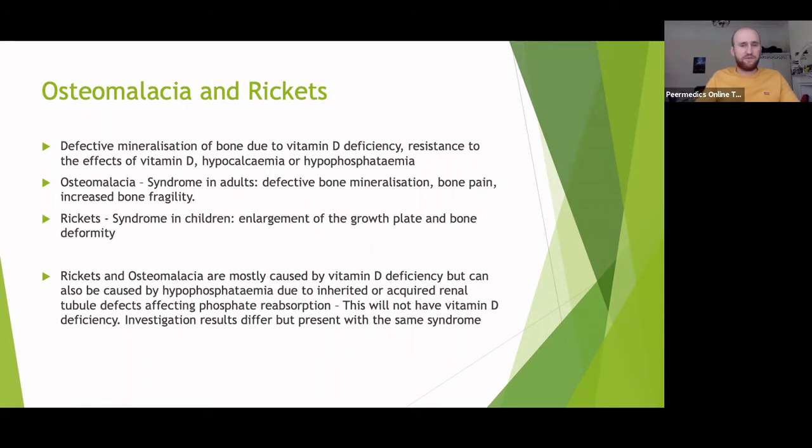Most of the time, these are caused by vitamin D deficiency, which is what I'm going to discuss. There are other causes, such as hypophosphatemia and acquired renal tubule defects, which affect phosphate reabsorption. They won't have vitamin D deficiency, so they might have slightly different investigation results, but they'll have the same syndrome.